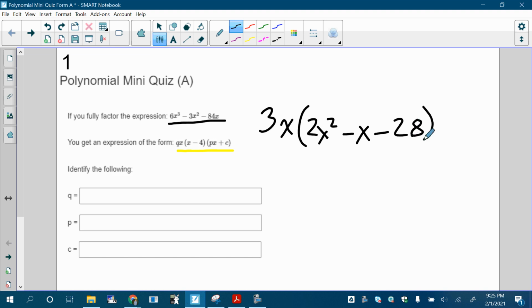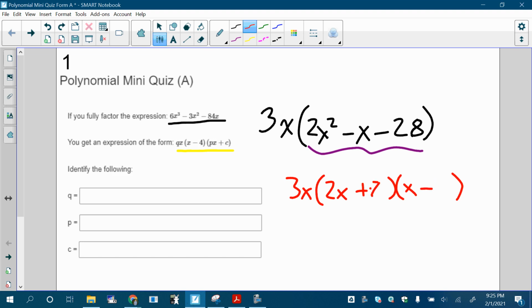After you take out the GCF, you should look at this inside part and ask, can I factor this anymore? I'm going to use the guess and check technique. I know that the first term in one of my factors is going to be 2x, and the first term in the other is going to be x. I'm just going to mess around until I get a middle term of negative x. Here, I'll even show you.